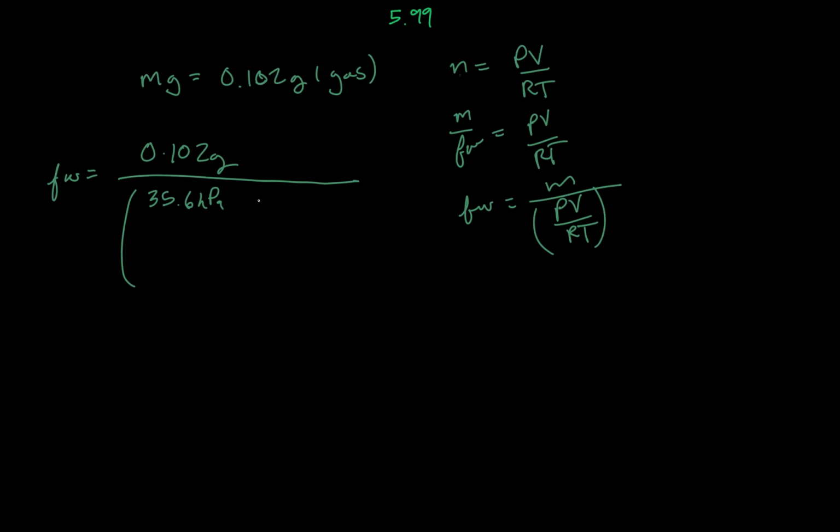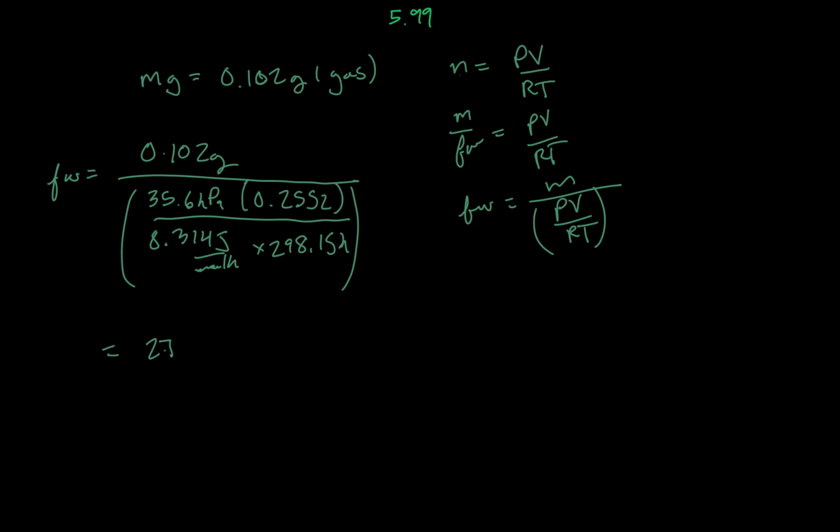Times 0.255 liters, divided by the constant 8.314 per mole Kelvin, times 298.15 Kelvin. All right, and once we evaluate that disaster, we calculate 27.85 grams per mole, and that's our formula weight there.